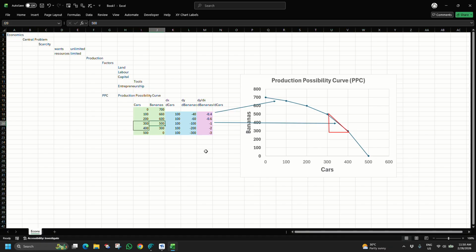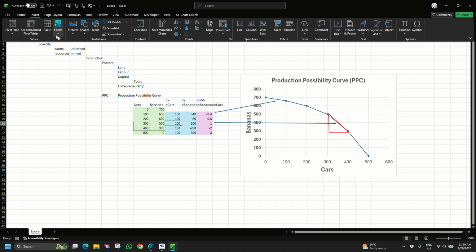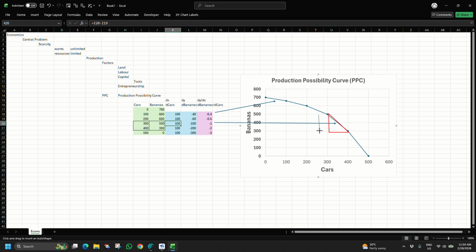300 to 400, and you're going from 500 to 300 bananas, right? 500 to 300 means you're going from here to here. That's where you lost 200.